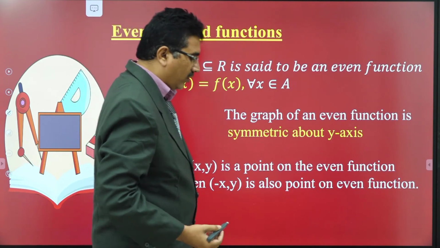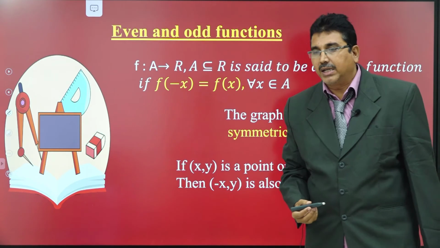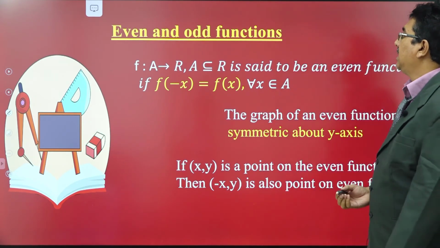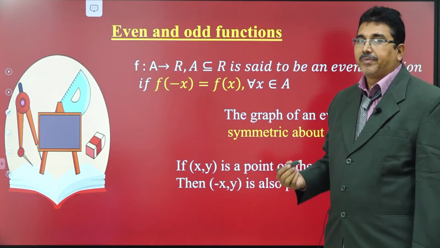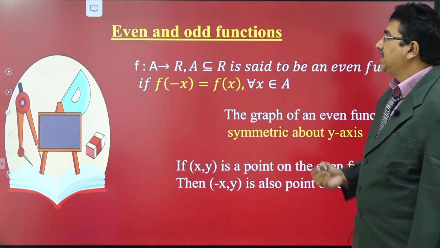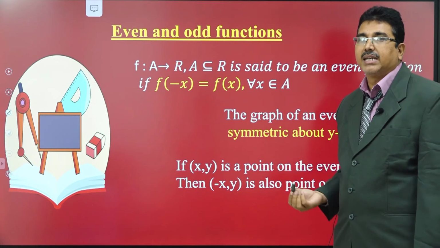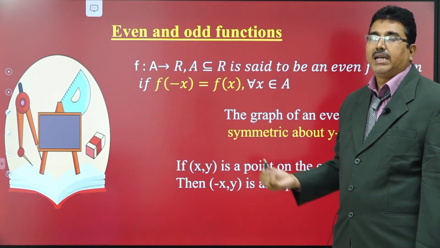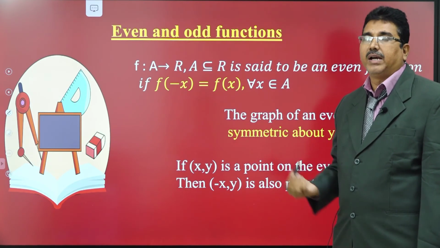Now another important property of a function: even and odd functions. Already we have seen some basic properties of functions. The first one is one-to-one function, the second one is onto function.